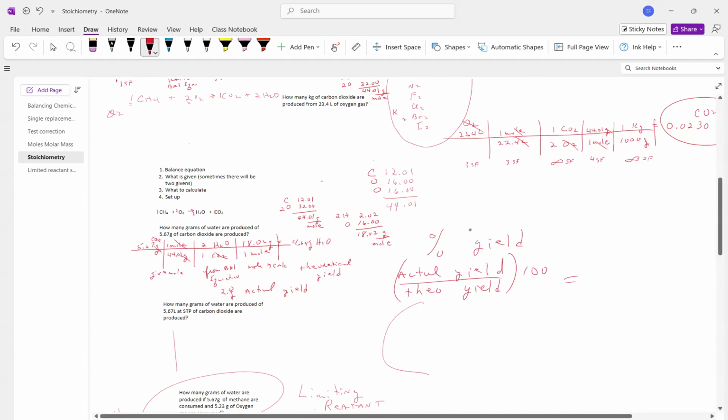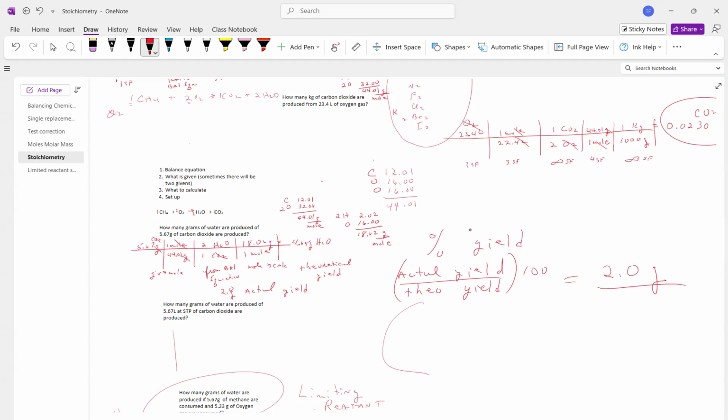So we have 2.0 over 4.64, okay, 2 sig figs. So we have a 43% yield.